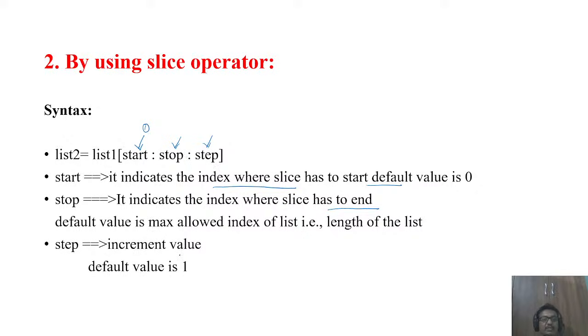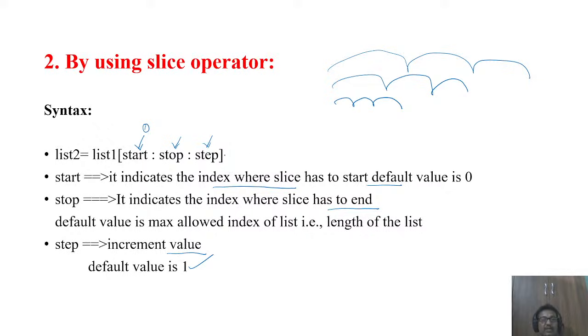Then the step indicates whether you want to jump one after the other, or jump every two elements, or every three elements. How many elements you want to jump one after the other, that step is indicated. If you don't specify this, then the default value is 1. That means it accesses the elements one after the other.